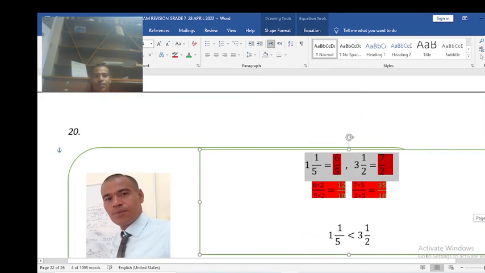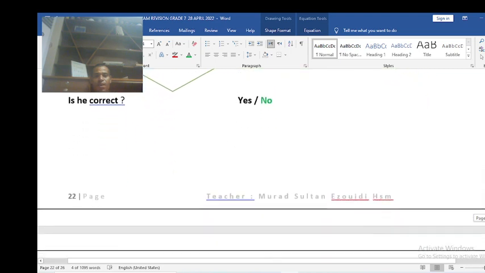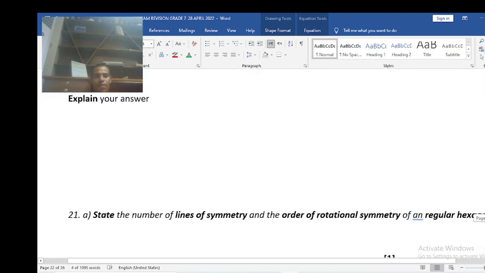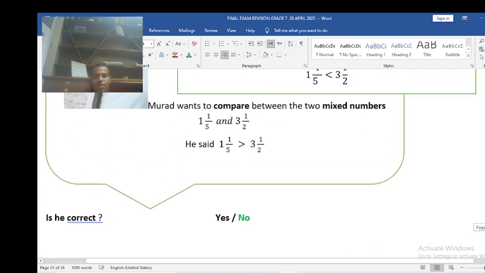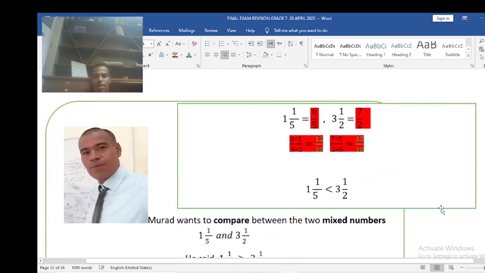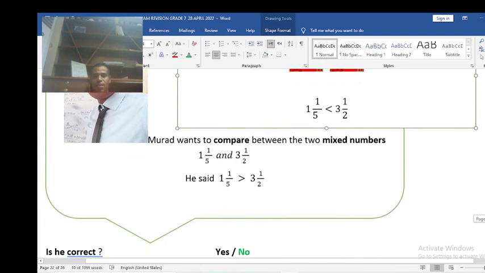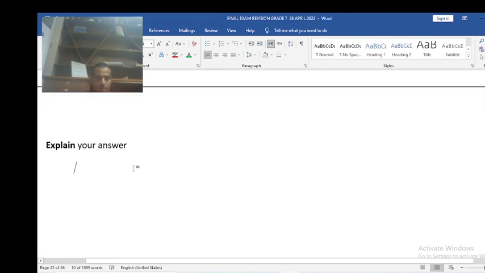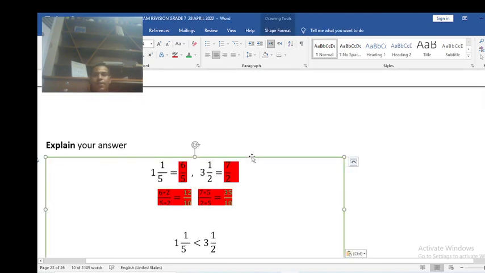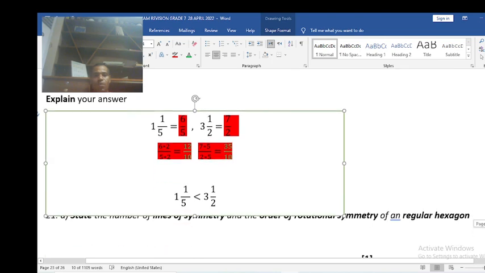Clear? This is the explanation, learners, for your answer. Now we move to the next part.